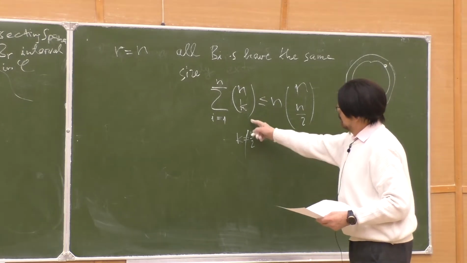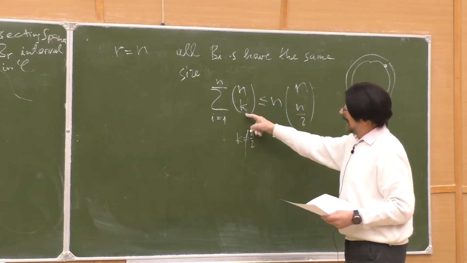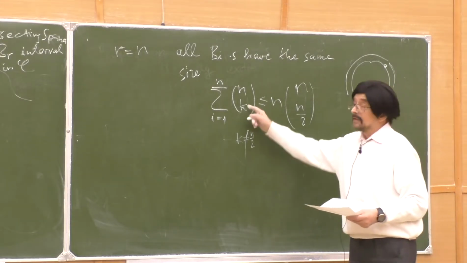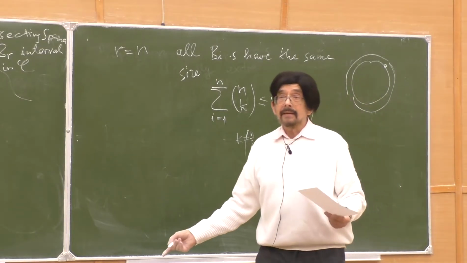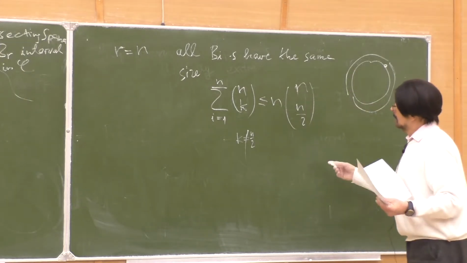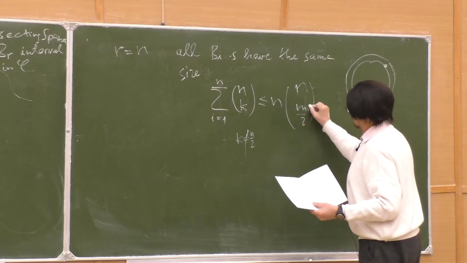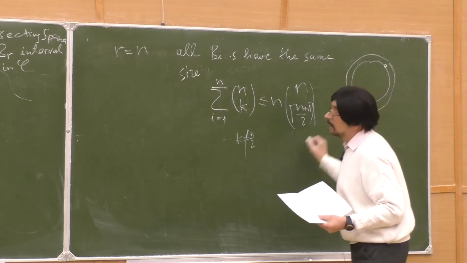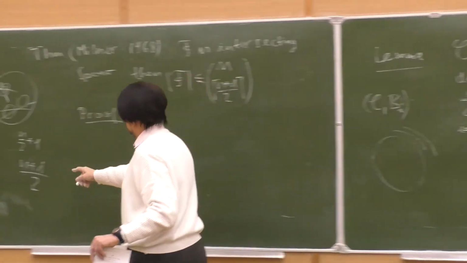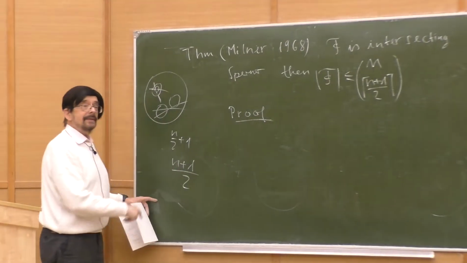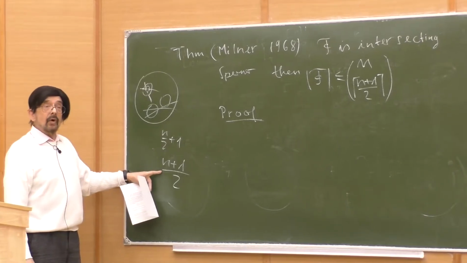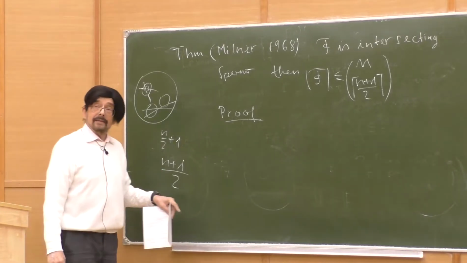And then we take the second largest value of n choose k, and when n is even, this is the second largest one, and if n is odd, then we can take the largest one.